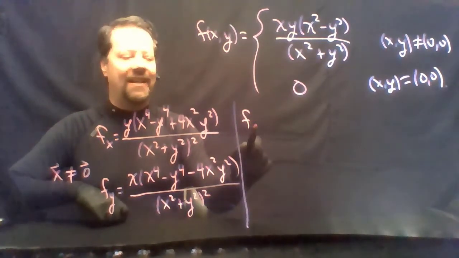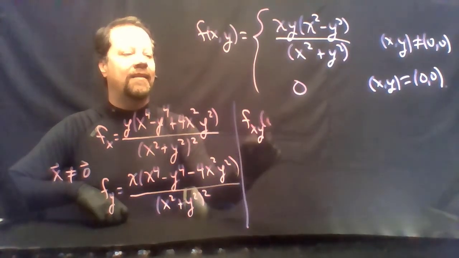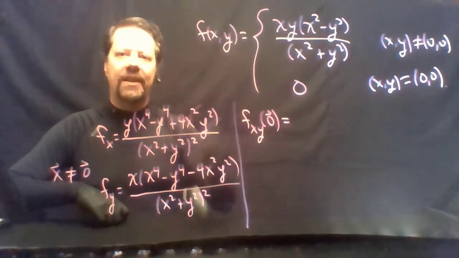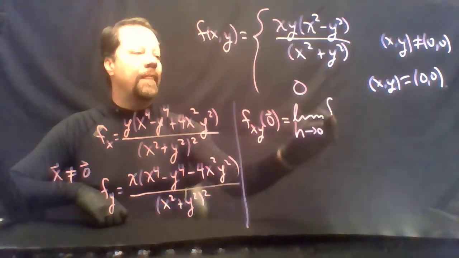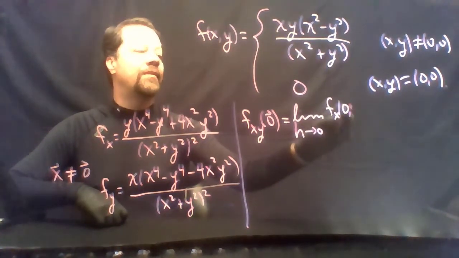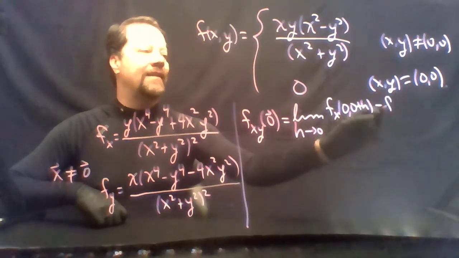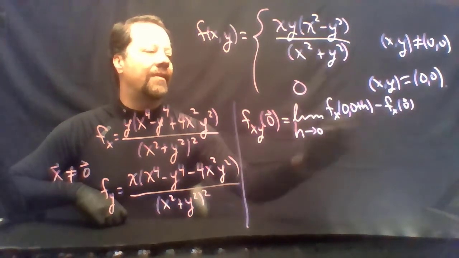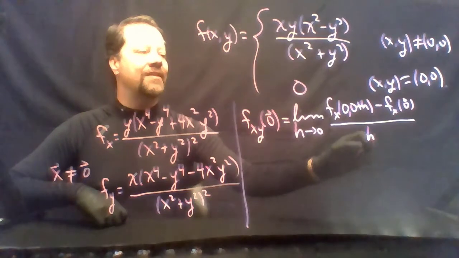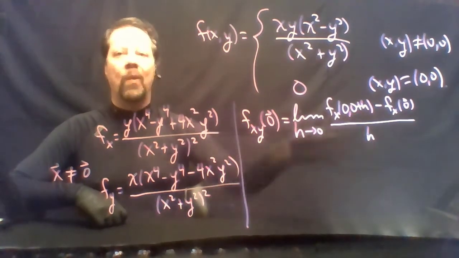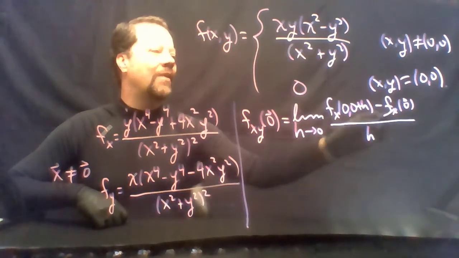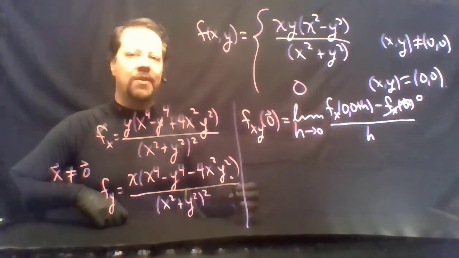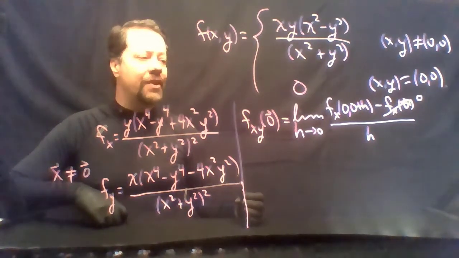Now, I want to calculate fxy at the origin, and we're going to use the definition of the partial derivative with respect to y. That's going to be the limit as h goes to 0 of fx of (0, 0 plus h) minus fx of (0, 0) all over h. We're perturbing the y-coordinate a little bit on fx and then taking the limit. We already know that the partial derivative of f with respect to x at the origin is 0.